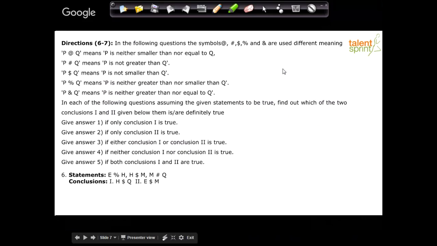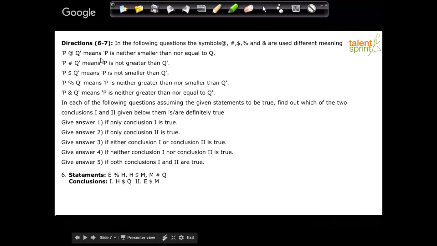Okay. Now, this is a question, boys and girls, which we call coding-decoding. Let's read and then let's see. In the following question, symbols @, hashtag, dollar, and percentage are used with different meanings. Every symbol has been given a certain meaning. We have to first find the meanings given to these symbols by 5 statements.